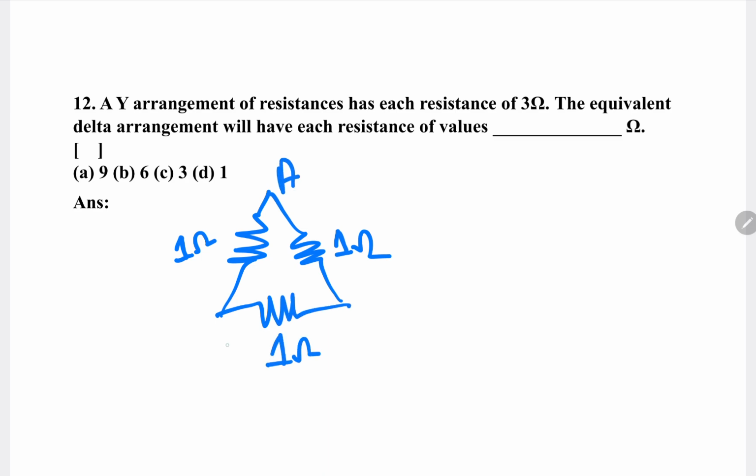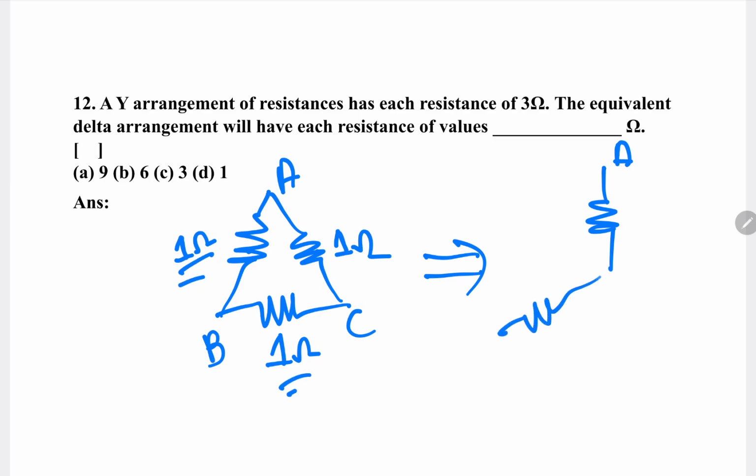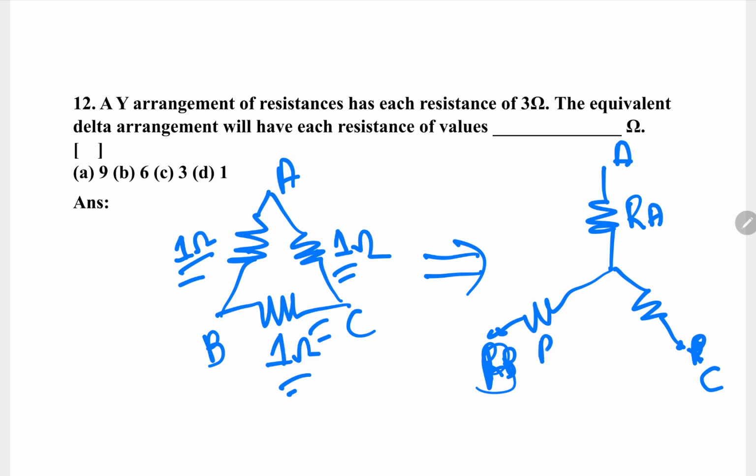So this is A, B, C. Now the resultant of these two resistors is this one, this is A. The resistance of these two resistors is this one, this is B, and these two resistors are connected to C. I want the RA value, the RB value, the RC value.